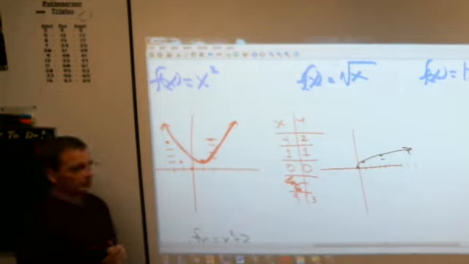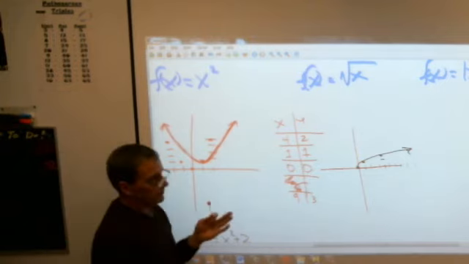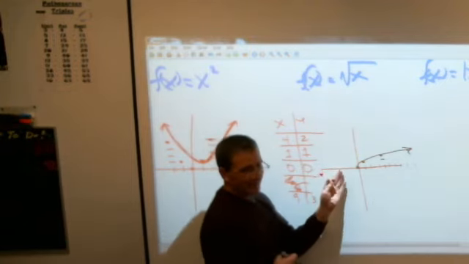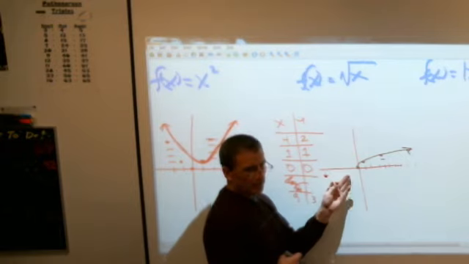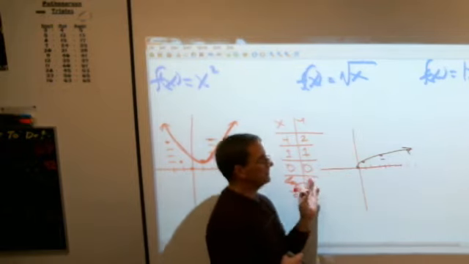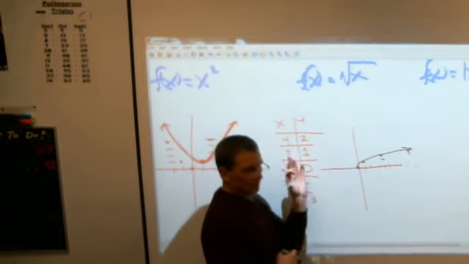The graph of the square root of x looks like this. It has no arrow on the left side going forever because you're not allowed to go forever to the left.